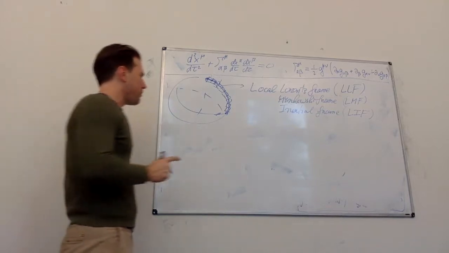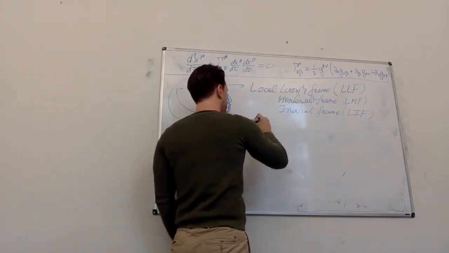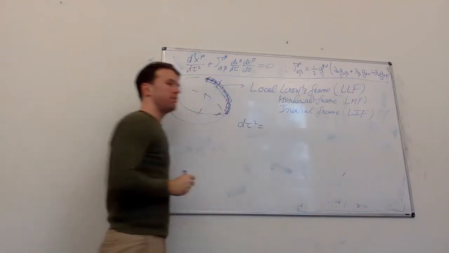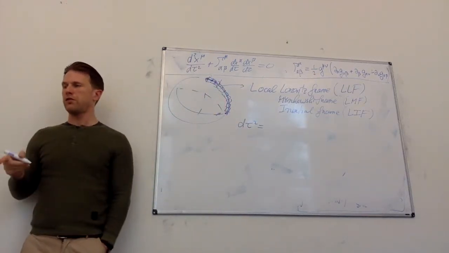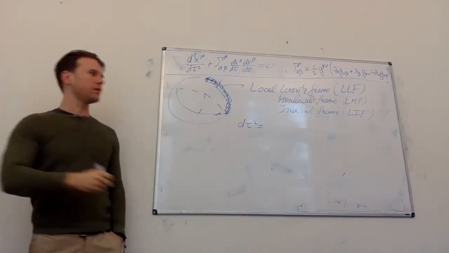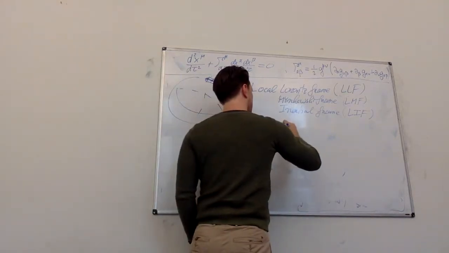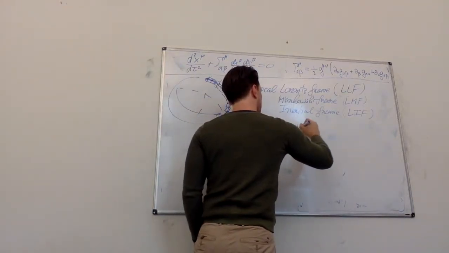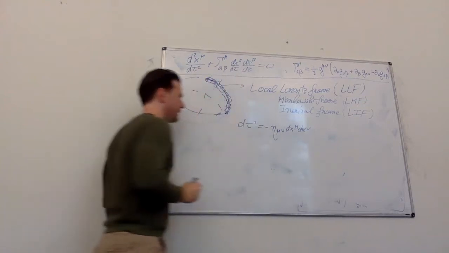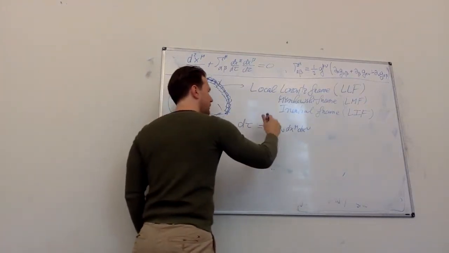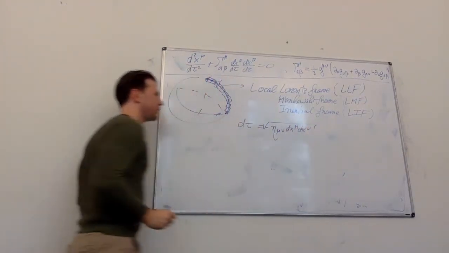Now, how do you do this in practice? Well, the proper time in a Minkowski spacetime, as you know from your special relativity, is the contraction of the Minkowski tensor. This thing here, in fact, so the amount is this.